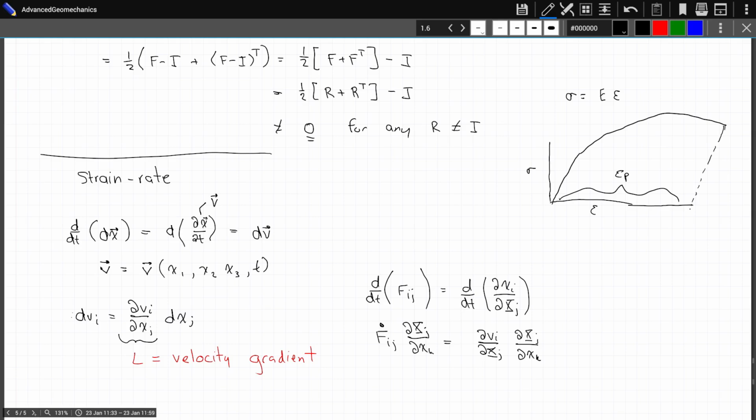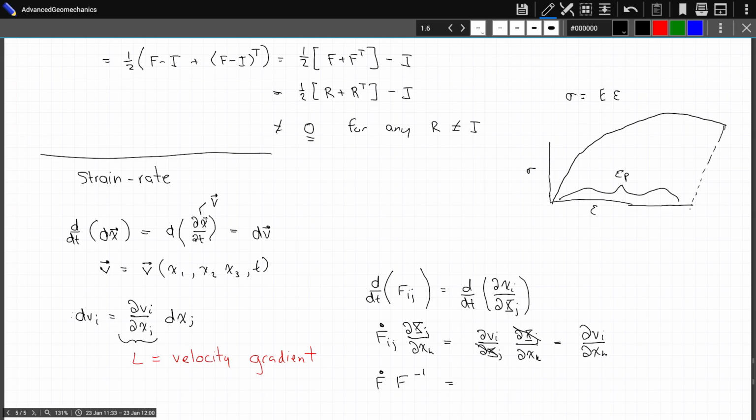We can cancel those terms. And then on the right-hand side, I'll write F dot. This thing is the deformation gradient, so F inverse equals what's left on the right after you cancel those terms, partial V_i, partial x_k.